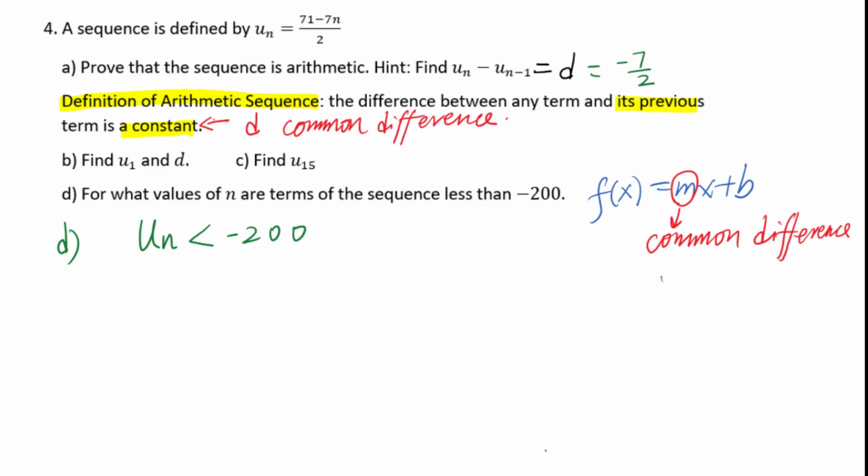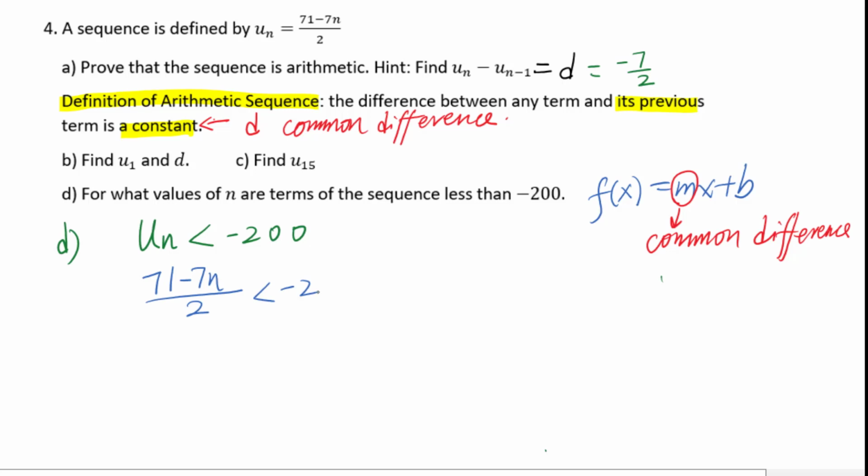We can also work out D by the equation solver. For u sub n less than negative 200, we will get (71 minus 7n) over 2 less than negative 200. If we want to use the equation solver, we have to change it into less than 0, greater than 0, or equal to 0 form.